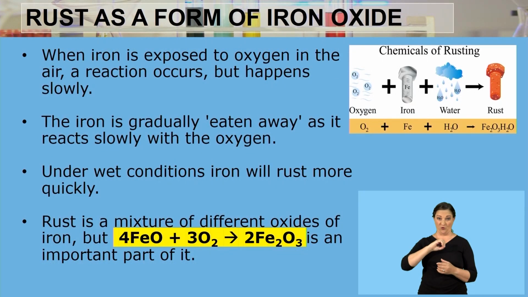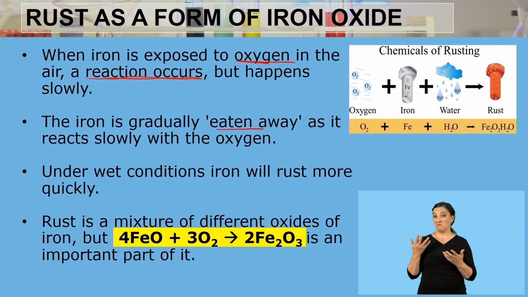So when iron is exposed to oxygen in the air, and remember that oxygen is found in the air, there's going to be a chemical reaction. But this chemical reaction happens slowly if it's not near the ocean. Now this iron is gradually eaten away as it reacts slowly with the oxygen.